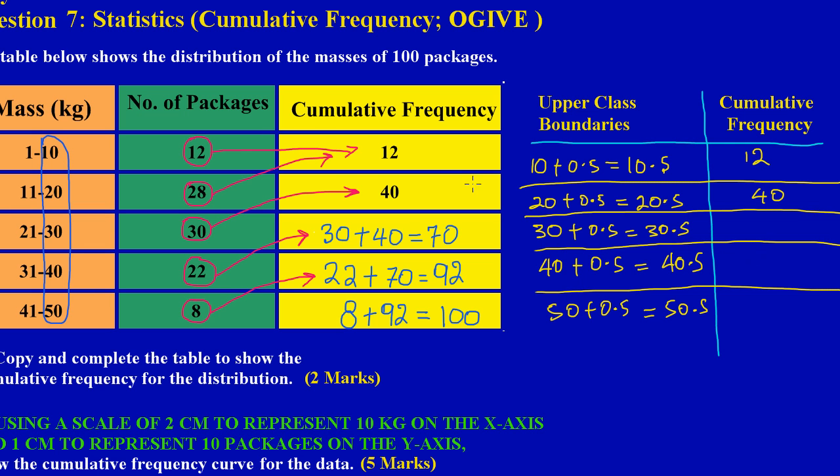If you notice how I'm coming down in my cumulative frequency column, I'm matching each row as I go down. So over here I would be plotting 30.5 with 70, then 40.5 with 92, and then 50.5 with 100. So that's it.